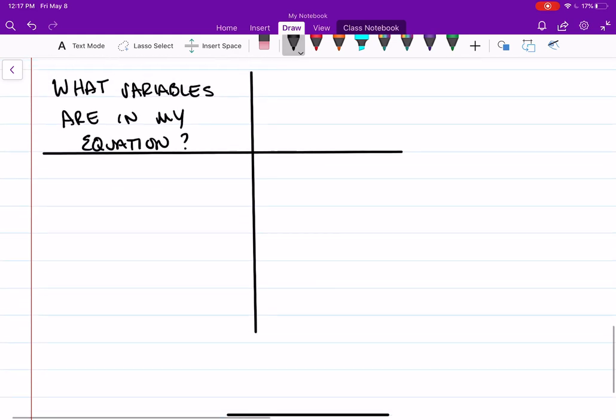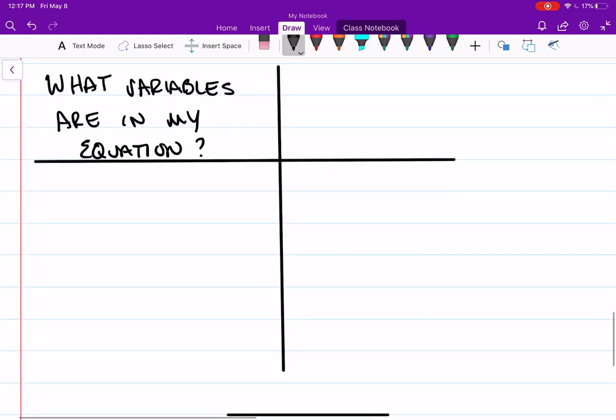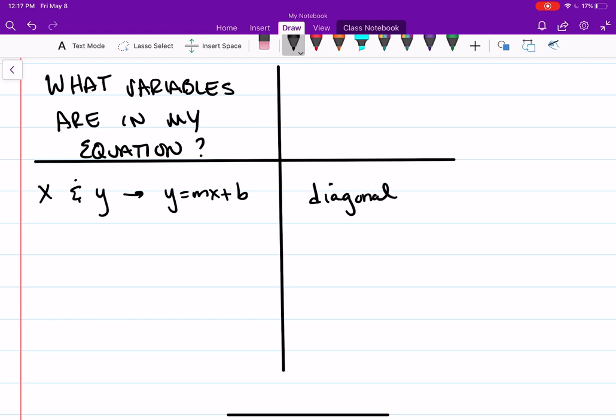If in my equation I have an x and a y in it, so in other words, y equals mx plus b, I know that I have a diagonal line.